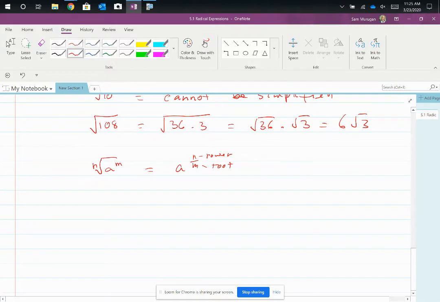This would work, for example, if we have the third root of x to the power 4. This can be written as x to the 4 over 3.